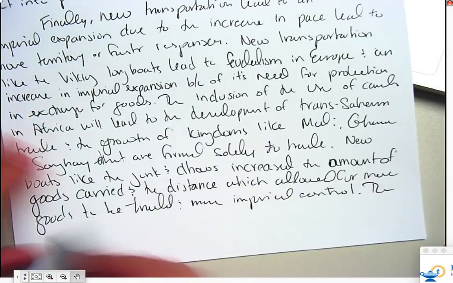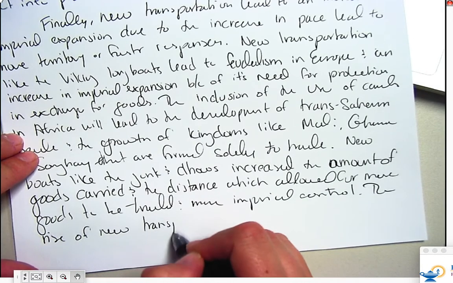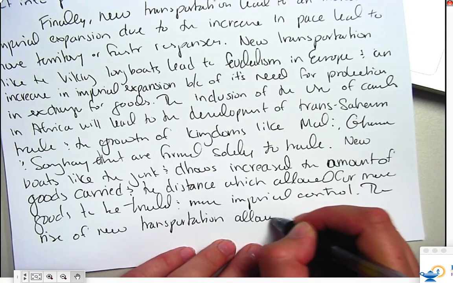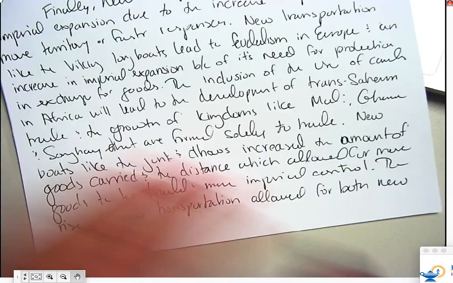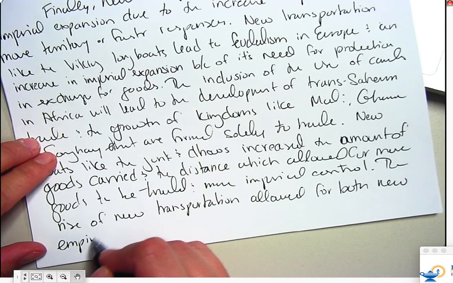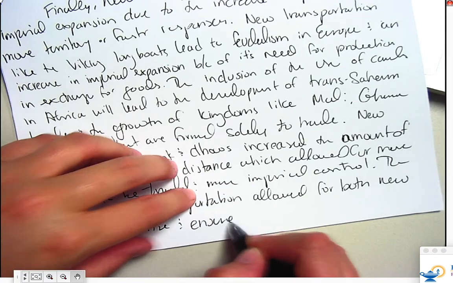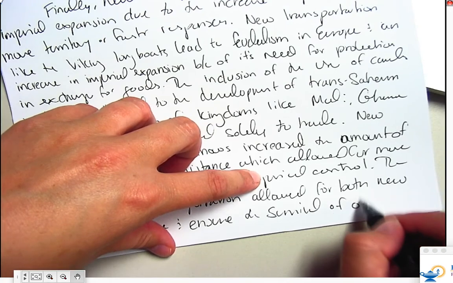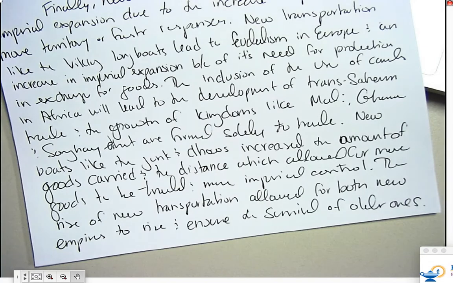The rise of new transportation allowed for both new empires to rise and ensure the survival of older ones. There you go. Okay.